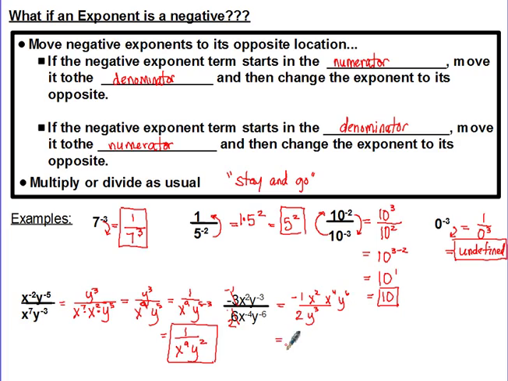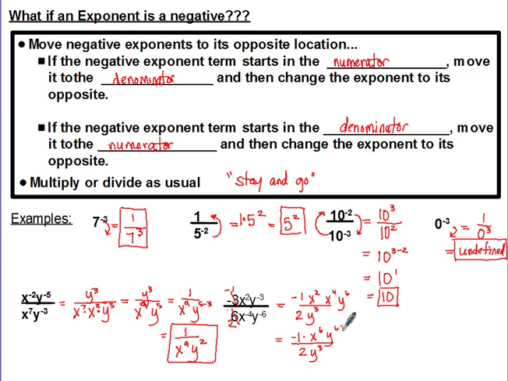So I'm going to simplify what I can. Negative 1 times x to the 2nd, x to the 4th, same bases, add your exponents. In the denominator, I still have 2y to the 3rd, and I've got y's that I can simplify further.